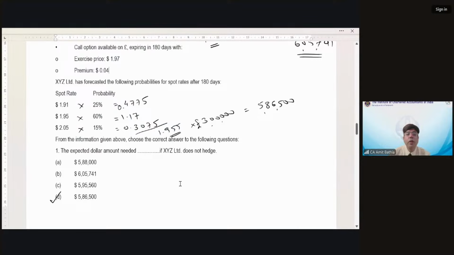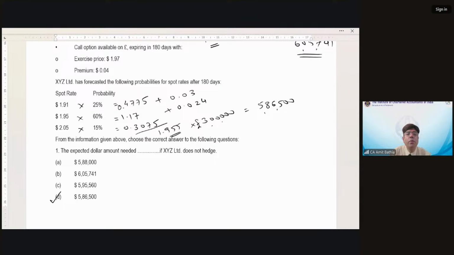So this is going to increase by 4 cents into 60%, that is 0.024.